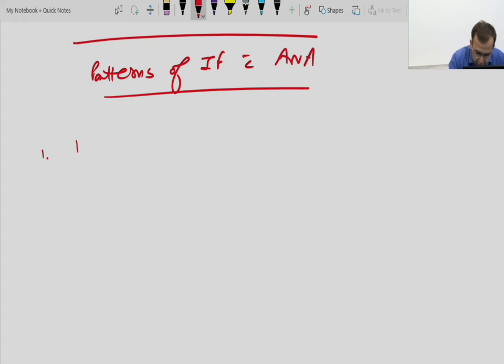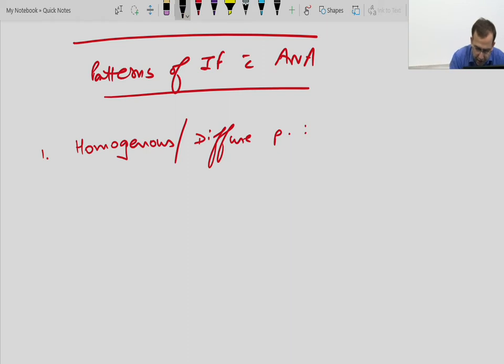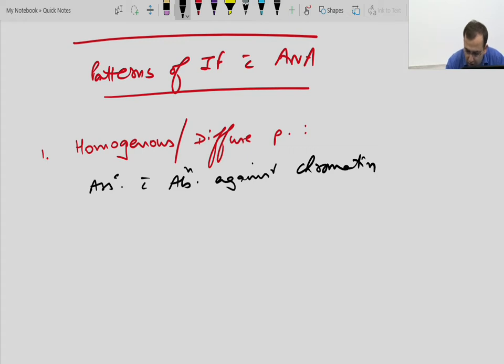The first is homogeneous, or the diffuse pattern, which is associated with antibodies against chromatin and histones.